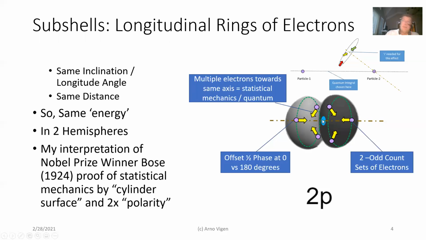So everything comes in these two hemisphere pairs, but this is offset by 1/2 phase, which causes many things. Now, most of the time you'll see this is a description of the subshell 2p, and the underlying picture is this statistical mechanics electron distribution.